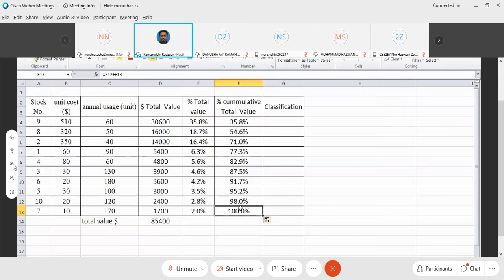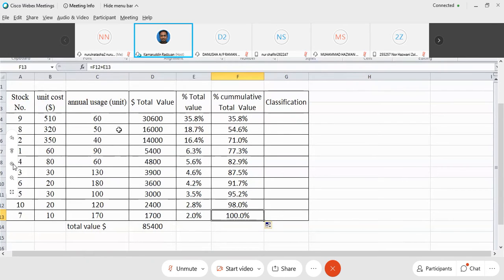So we need to review our process and get 100% for the last part number in the row of percentage cumulative total value.